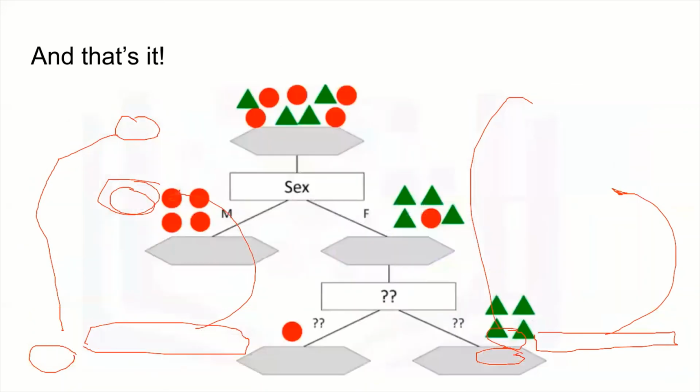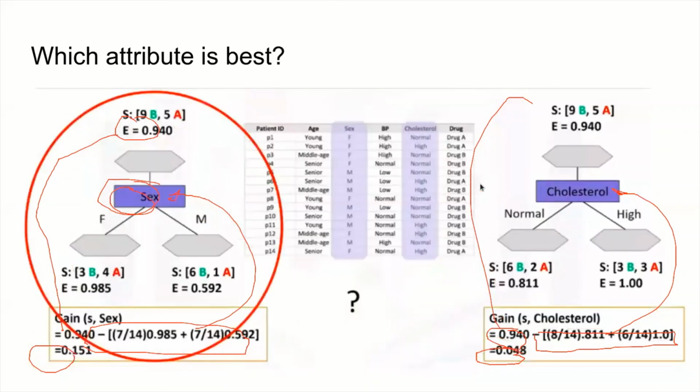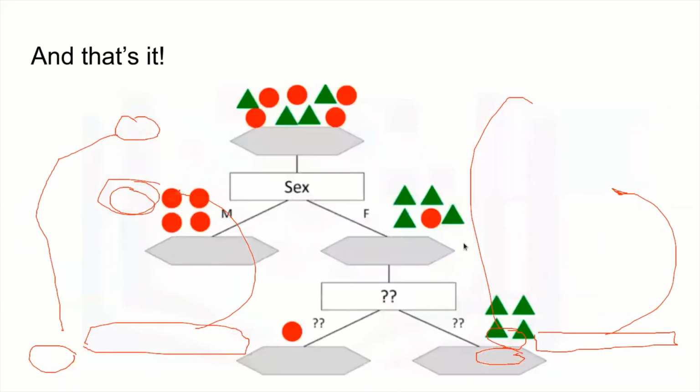And that's it. And now the process continues. Now, the difference is that at the beginning, we had into account all of the data. However, remember that we are filtering out data. So, for example, if we want to make this partition, we will take into account these data points.